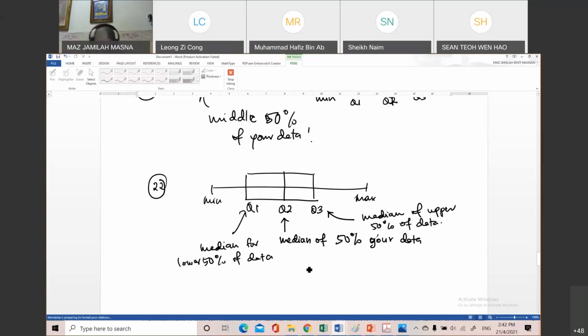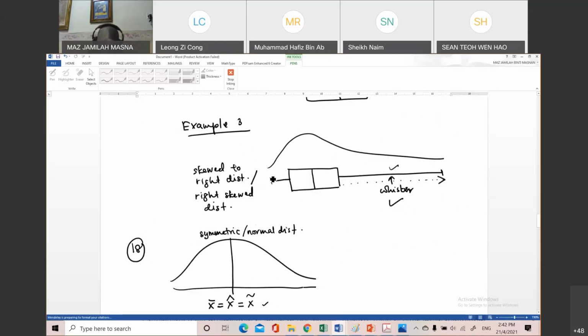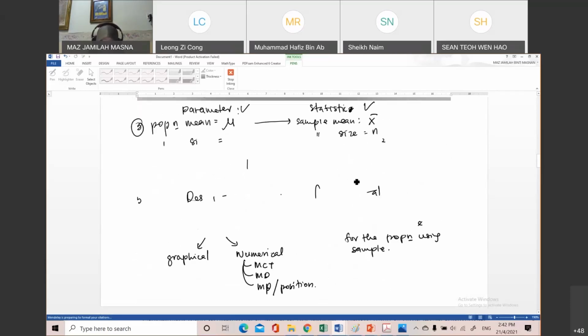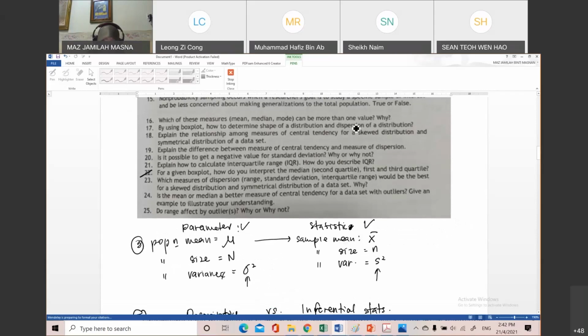Okay, number 23. I really hope that you can relate every single discussion that I made with the video along with your understanding of the chapter material. Which measure of dispersion, range, standard deviation, or interquartile range, would be the best for a skewed distribution and a symmetrical distribution, and why?